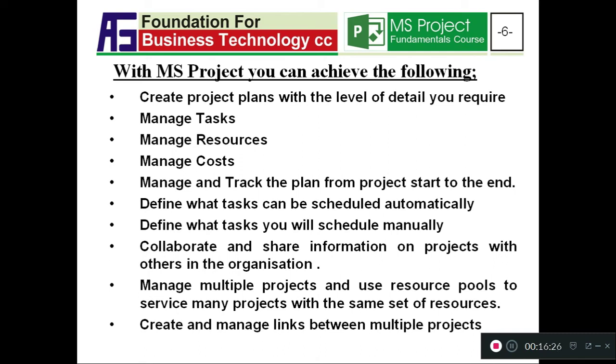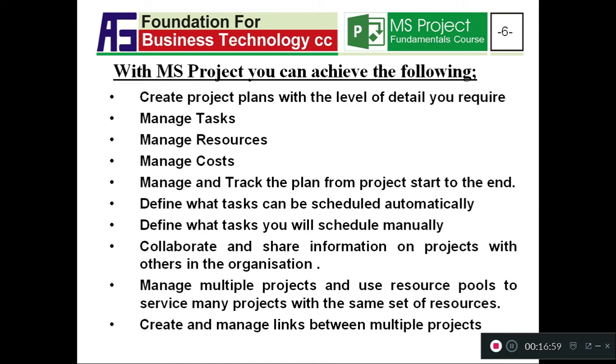We can also define how the tasks are going to be scheduled. Some tasks can be scheduled automatically. Say, for example, we are doing the building project we discussed earlier on, and you know that painting comes immediately after plastering. You can schedule the painting to be triggered the moment you indicate that plastering is complete.